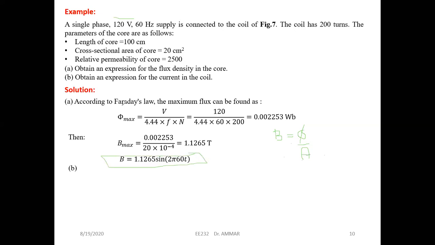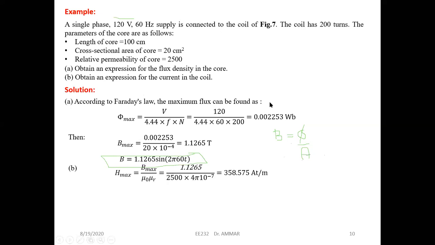So we found firstly phi max from the expression of the voltage, then we found B max from the expression of phi, then from B max we deduce B, which is B max times sine omega t. The second question is obtain the expression of the current in the coil.